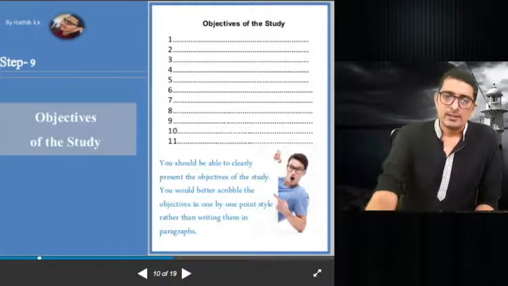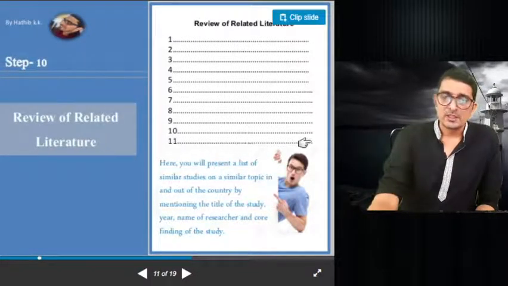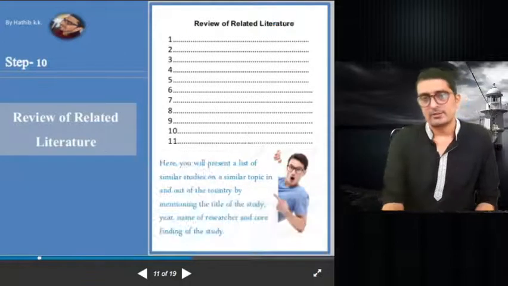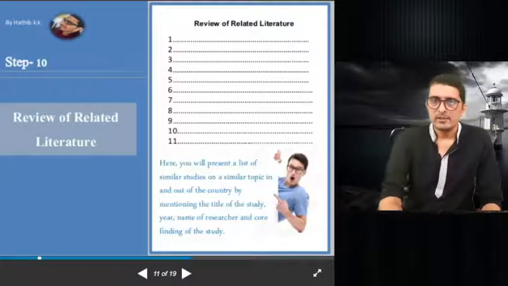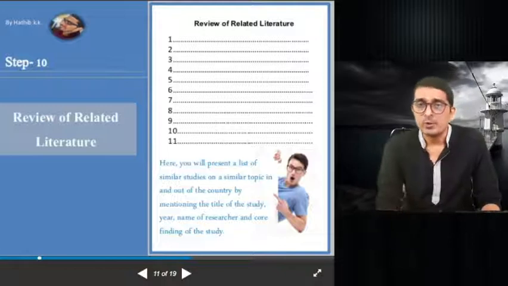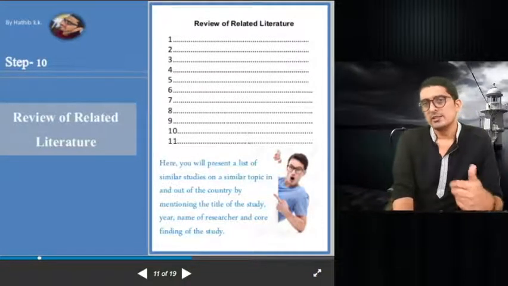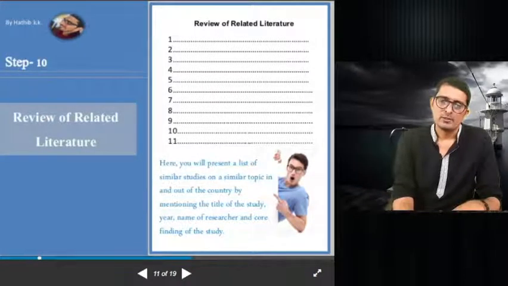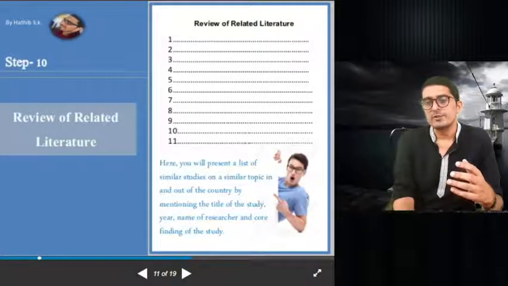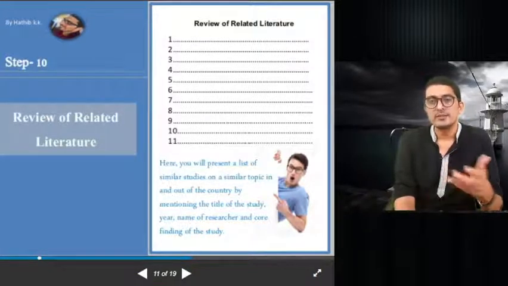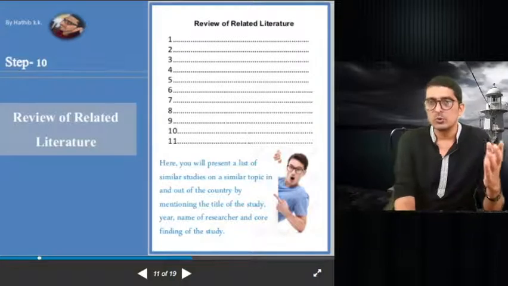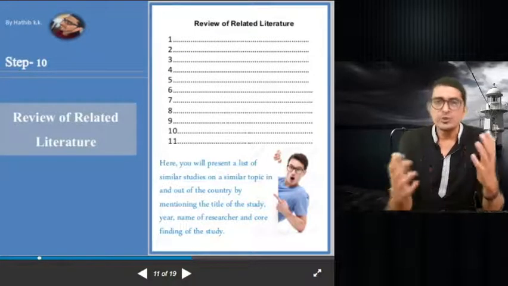Then comes a review of related literature. So here you will be going to present a list of similar studies. Maybe in your country or out of the country. So you should look at different studies. For example, if you are not able to find out some studies related to language across curriculum, you can go to some other studies related to language teaching.